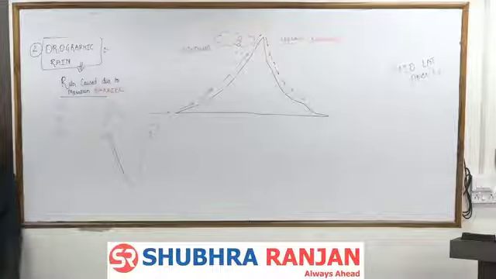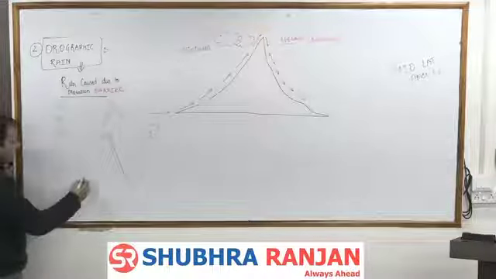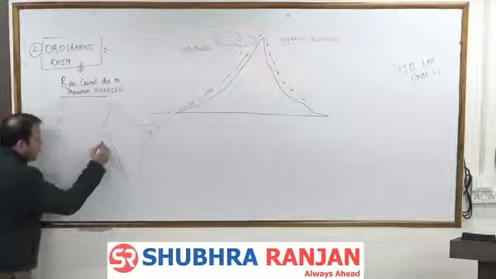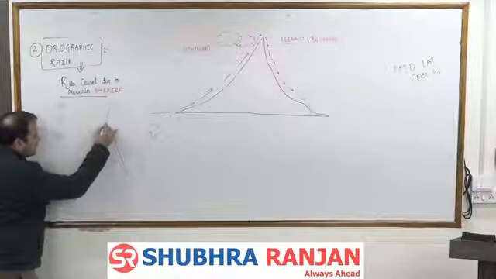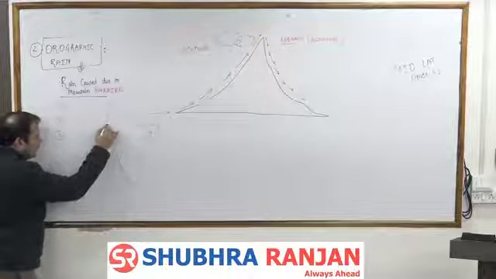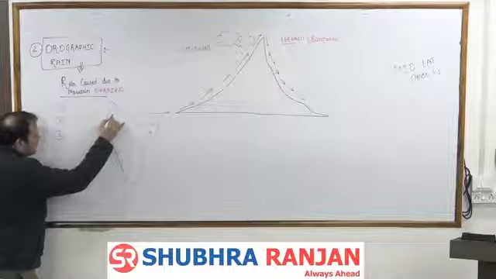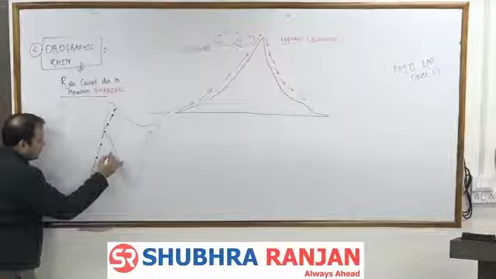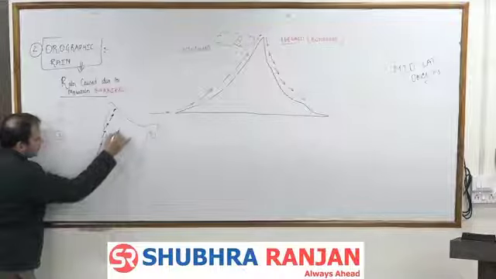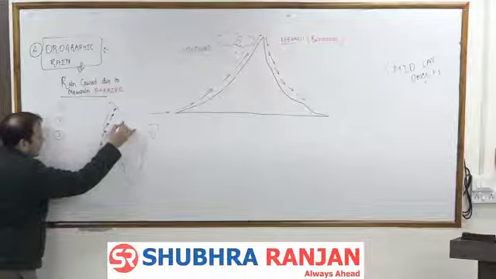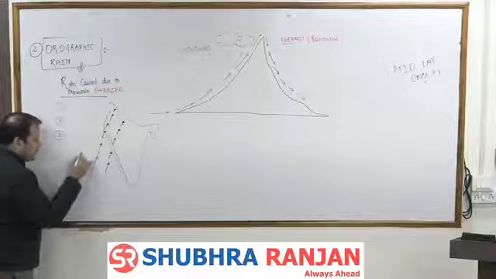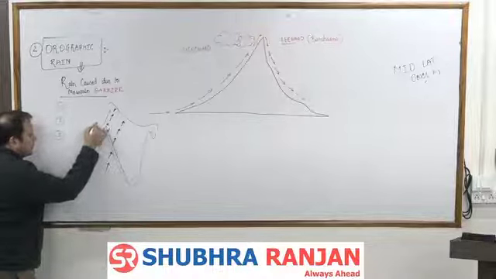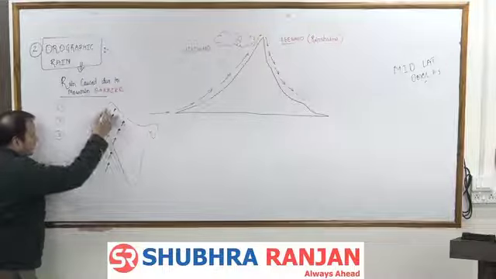On the other hand, as the Aravalis are parallel to the southwest monsoon, they do not act as a barrier.